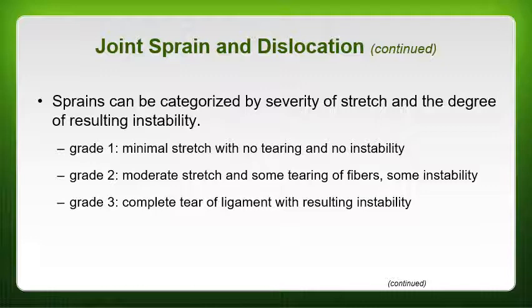Sometimes you'll also hear grades like grade 1 plus, grade 2 plus. Many times with the ankle, for instance, more than one ligament gets involved. There are multiple ligaments around the ankle joint, and depending upon how severe the sprain was, or how the foot and ankle were orientated when it was sprained, you can get involvement of other ligaments.